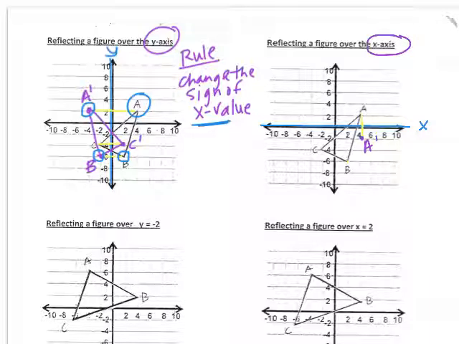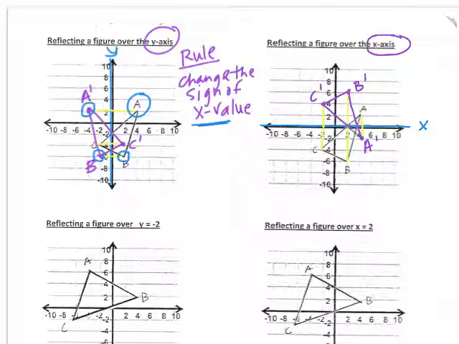Number of units to the line from B is 3, so I need to go past that line 3 units. Plot my point. Most students find that this type of work is the easiest in terms of all of the transformations that we've been doing. Here's 2 units, so I'm going to go 2 units past there, plot my C prime point, and then connect.